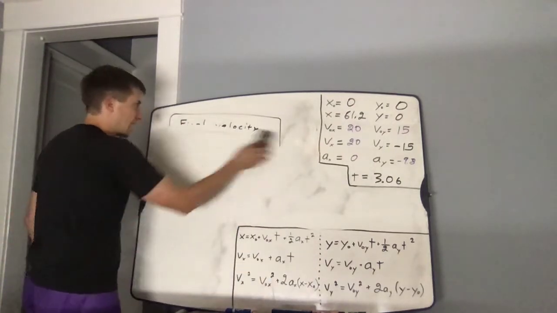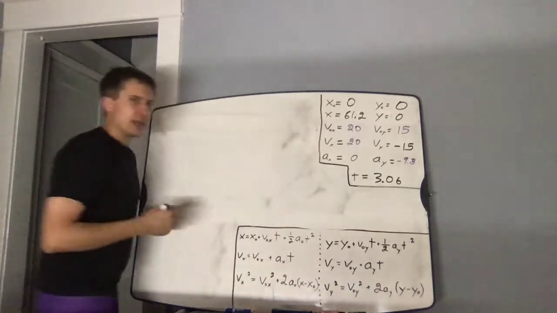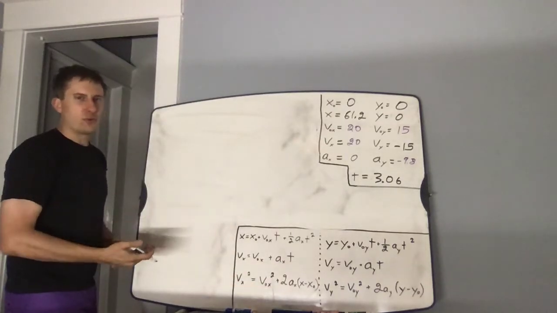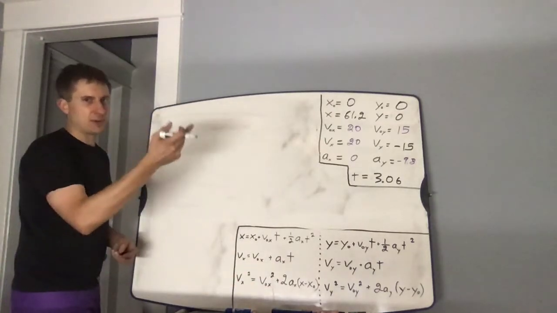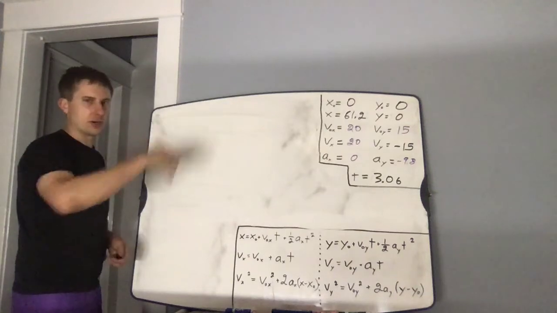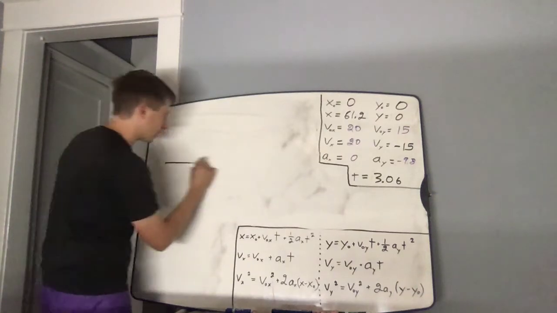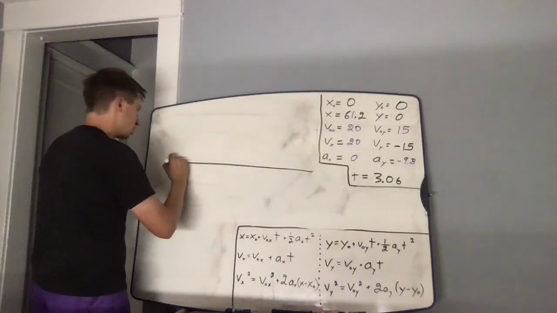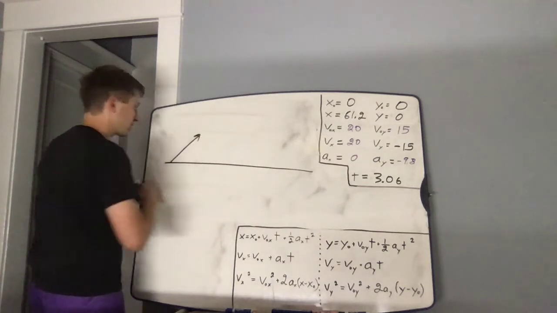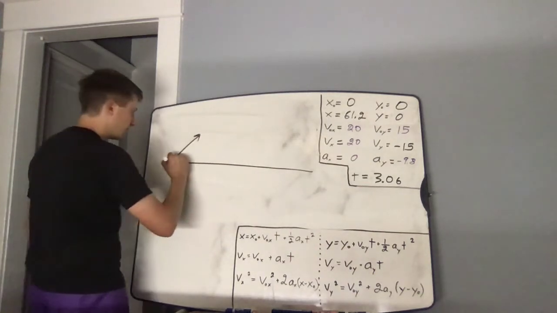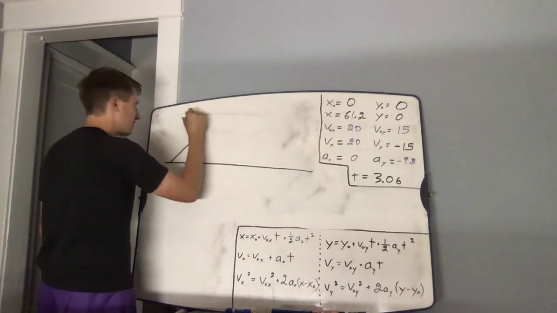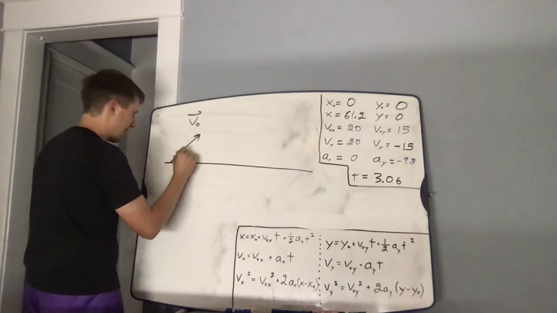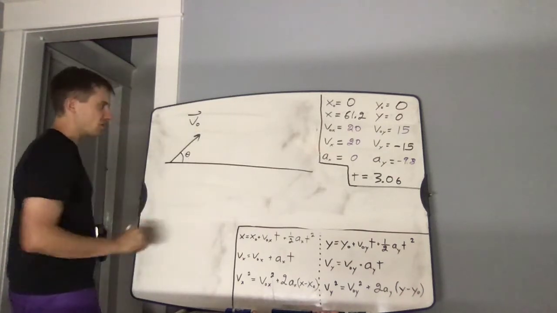If you were to choose any problem at all, plug in any numbers for initial velocity, time spent in the air, angle, however you want to set up a problem. If I shoot an object in projectile motion up at some angle, it will have some initial velocity. Let's say this is an angle theta above the horizontal.